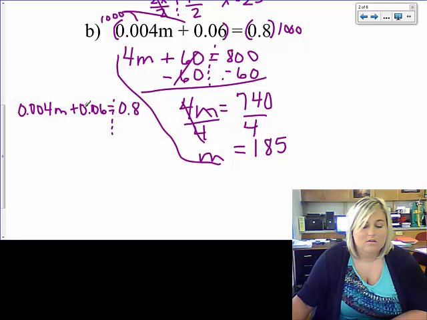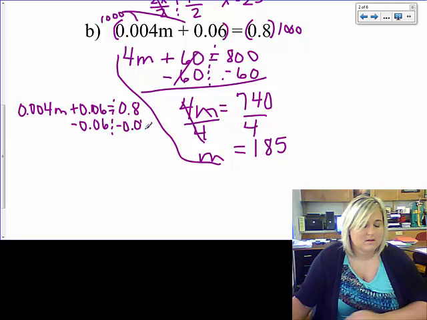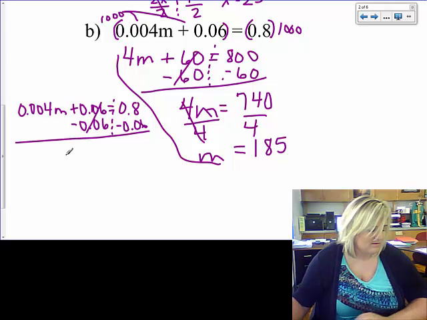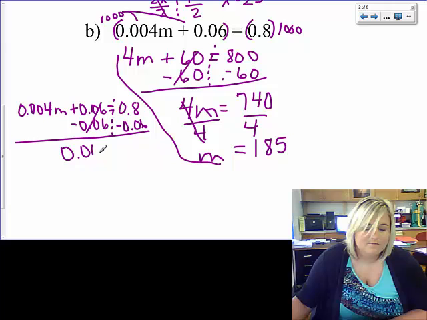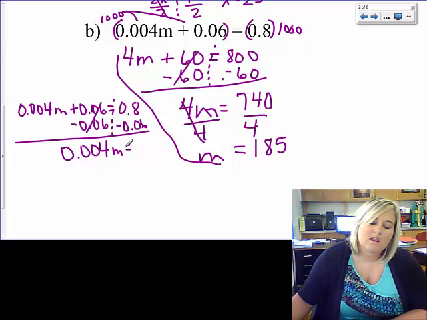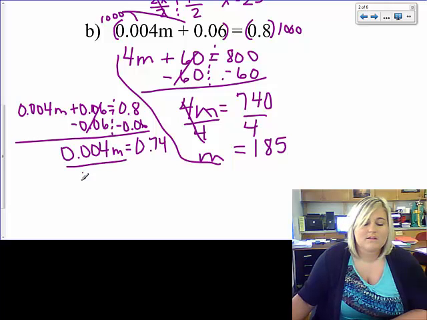The farthest thing away from m is this 6 hundredths. So I'm going to subtract 6 hundredths from both sides. Those will cancel. I'm left with 4 thousandths m equals, and if I have 0.8 minus 6 hundredths, that gives me 74 hundredths. And then again, I'm multiplying here, so the opposite would be to divide.